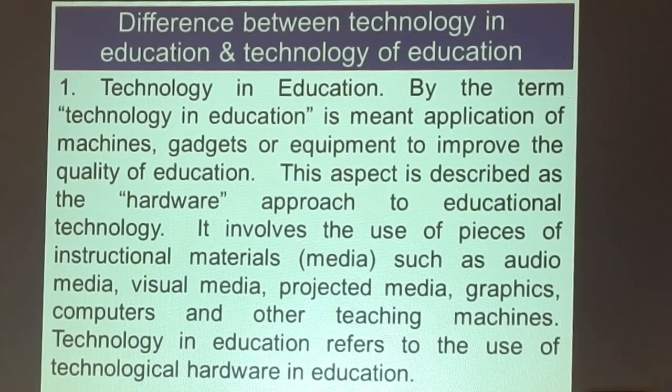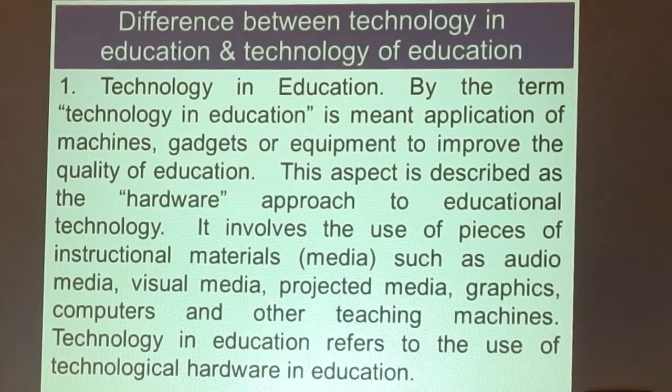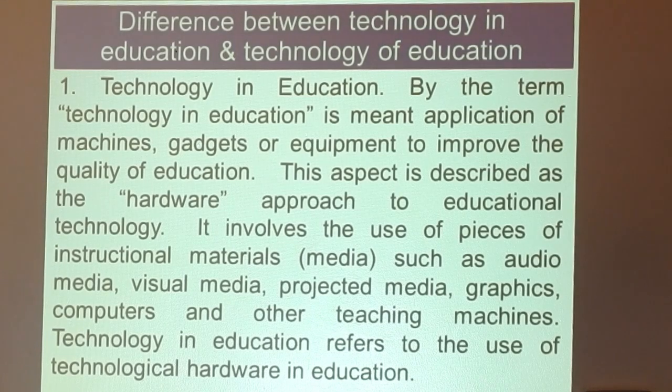Now, there are two distinctions we want to make. We want to see the difference between technology in education and the technology of education. So those are two concepts. There is technology in education and then technology of education.